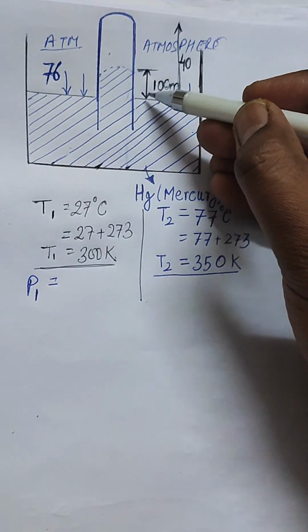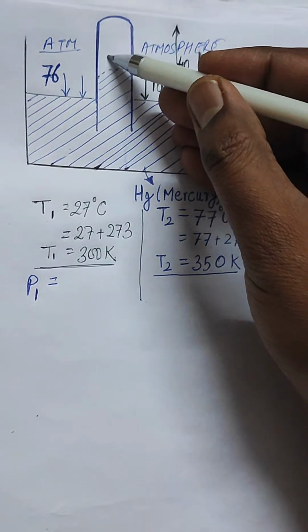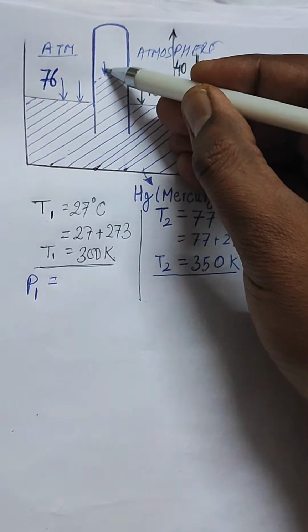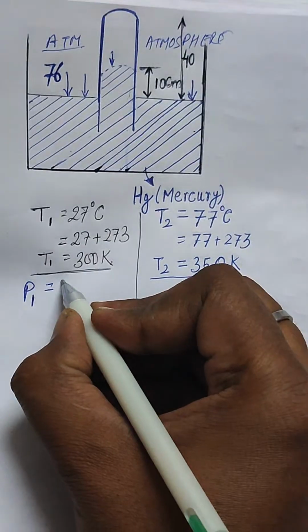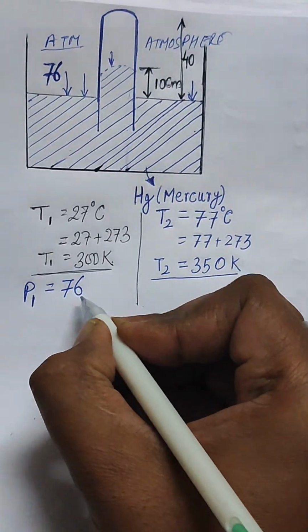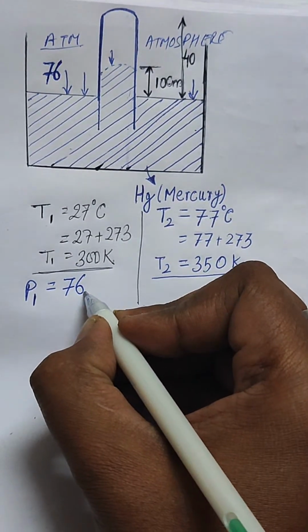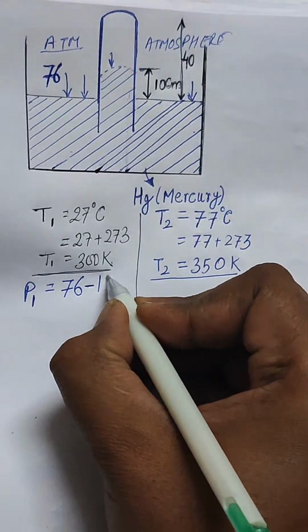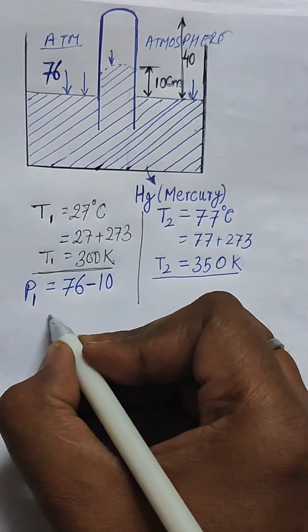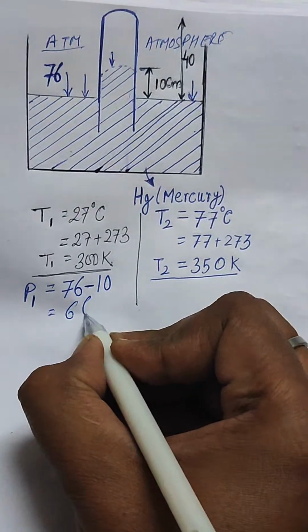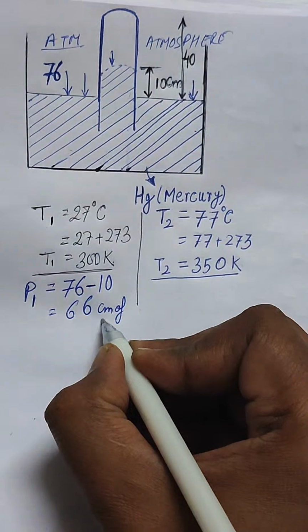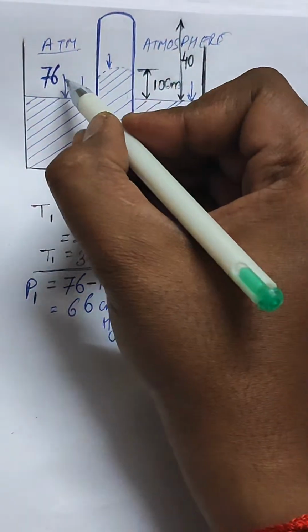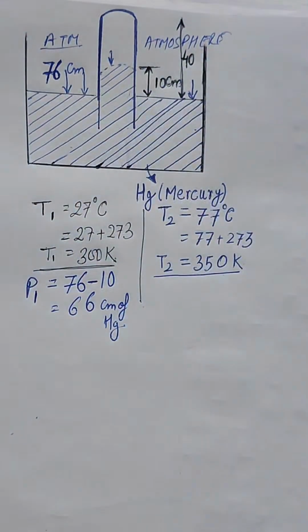So what will be the effective pressure over here? 76 minus 10. So P1 inside the test tube is 76 minus 10, and this will give you 66 centimeter of Hg, not mm of Hg. In this question, the value is in centimeter.